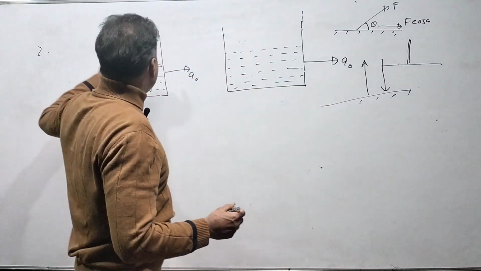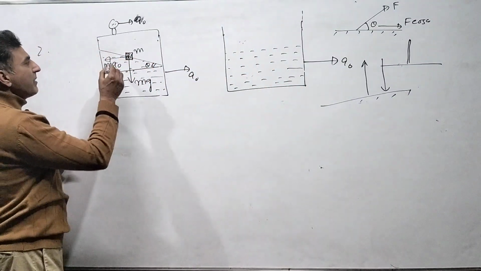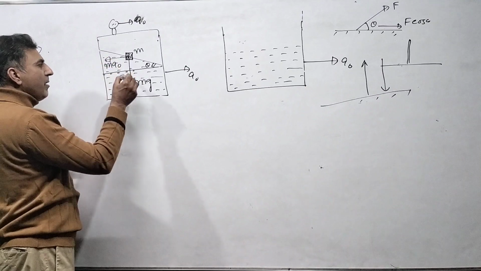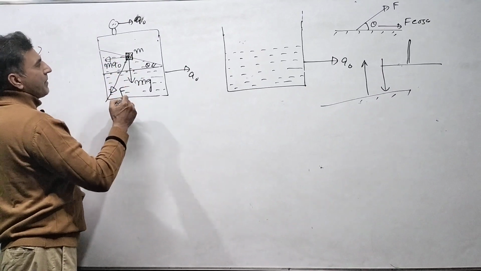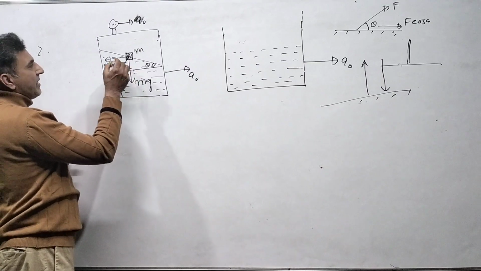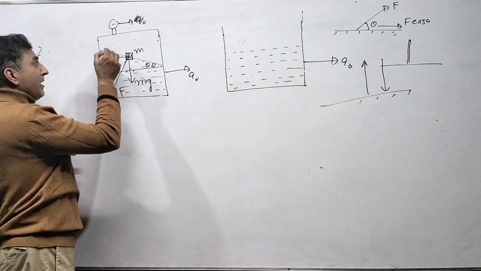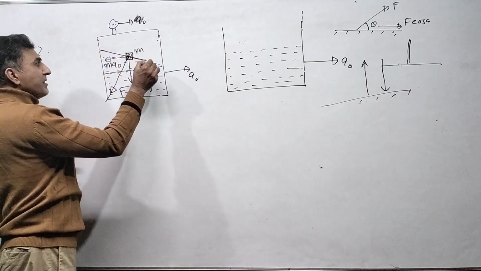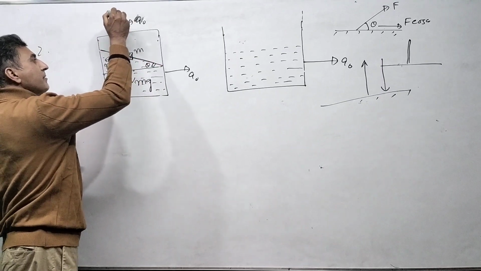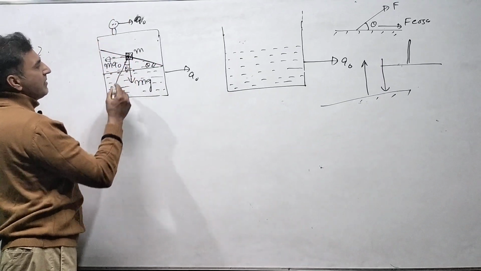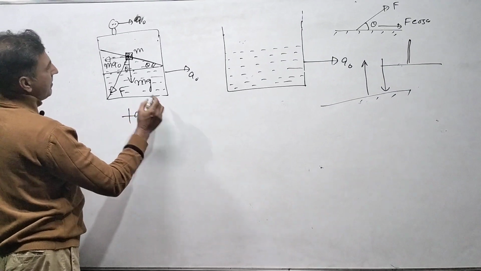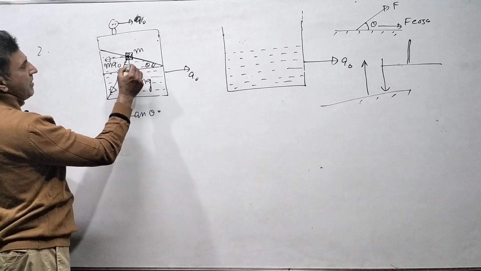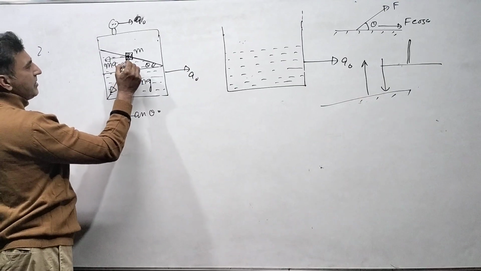So for this water surface to remain in equilibrium, the resultant of these two forces must be perpendicular to the water surface with respect to the person here. So this is theta. Now you can find tan theta. This is theta, this is 90, this is 90 minus theta, so this is theta.